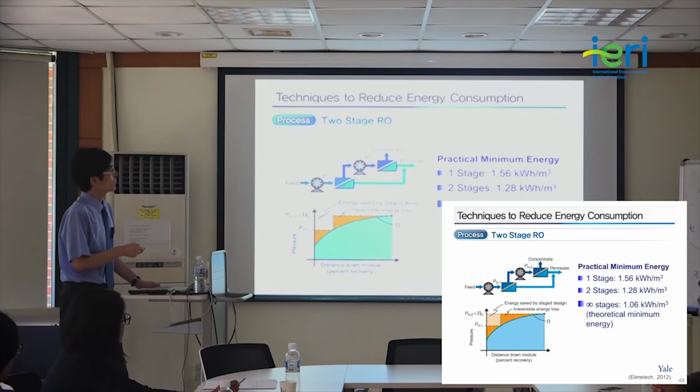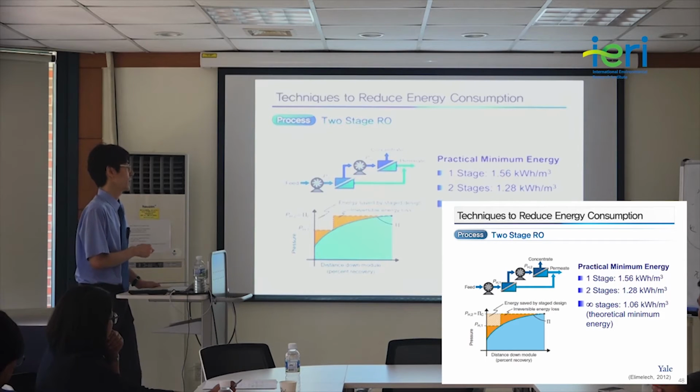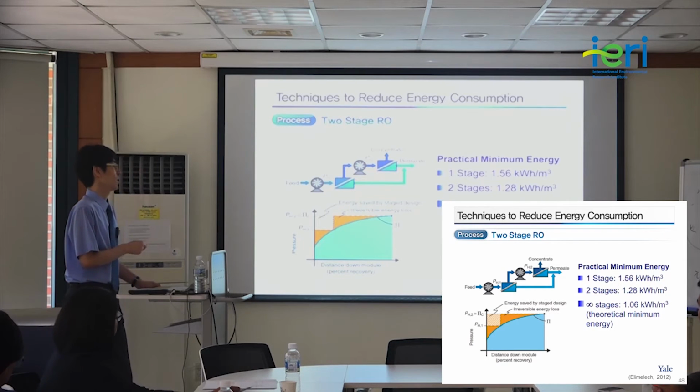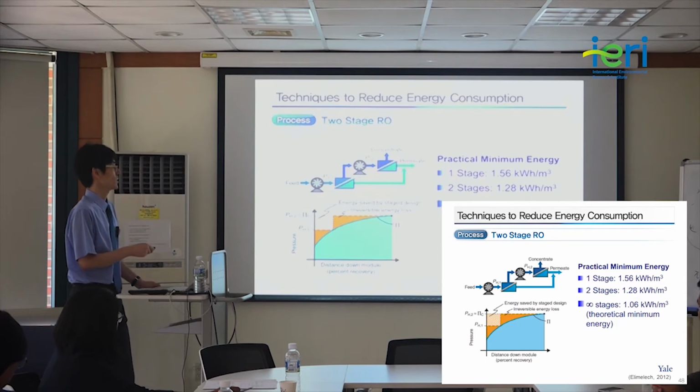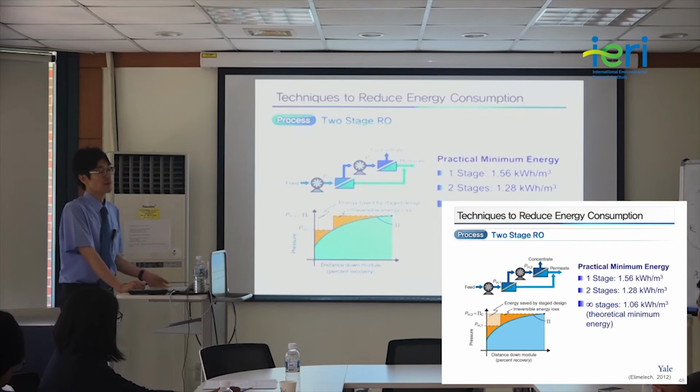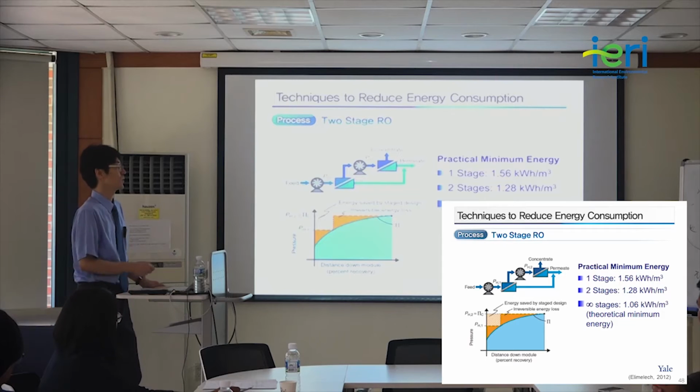Of course, if we can have an infinite number of stages, we can achieve the ideal energy consumption. So we can actually approach the theoretical minimum energy. But in the practical sense, it is not possible to have infinite numbers of the changes. So this is just the ideal assumption.